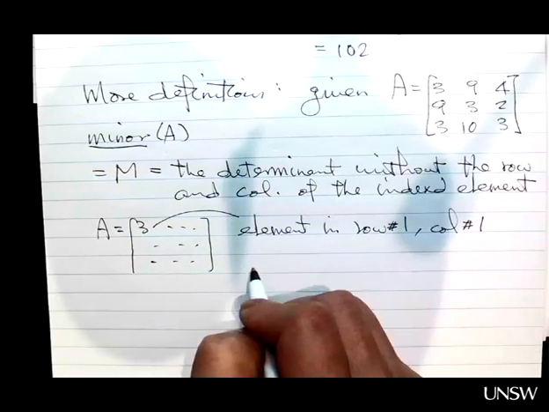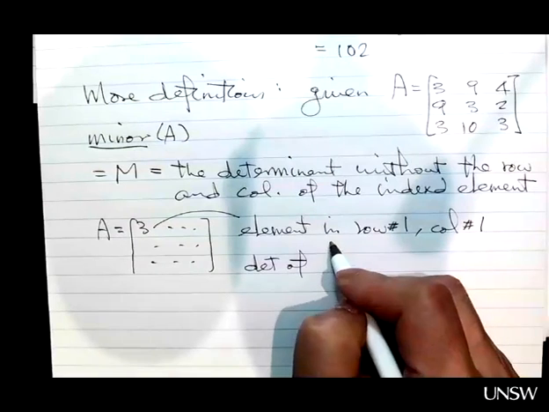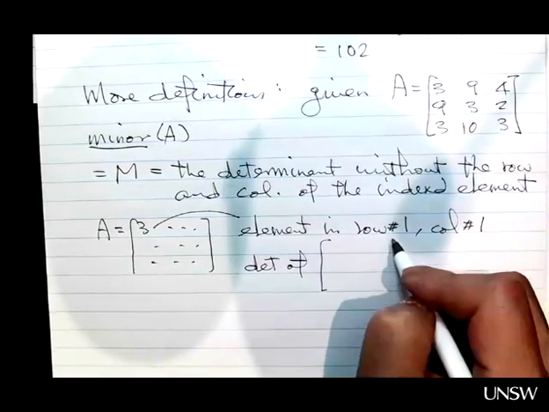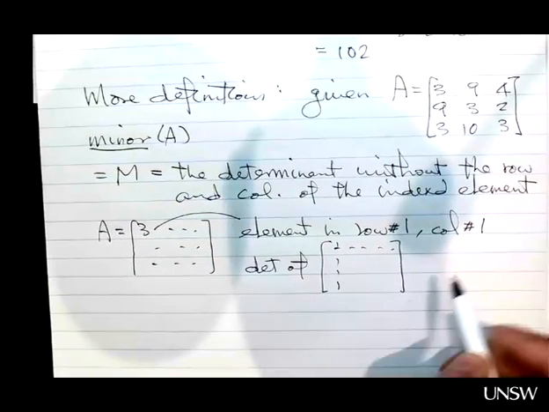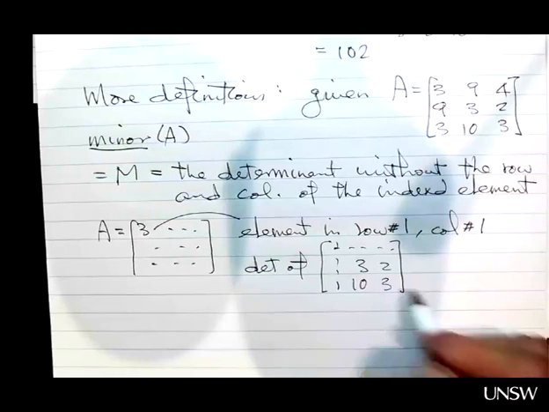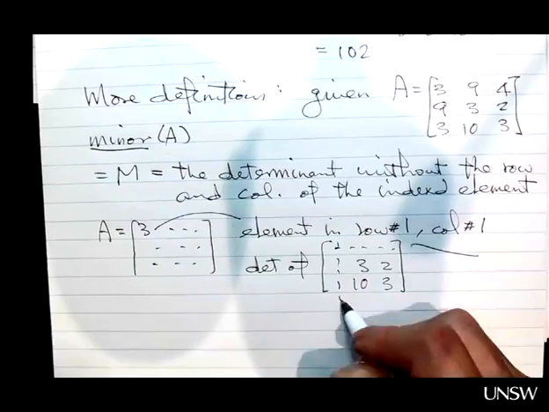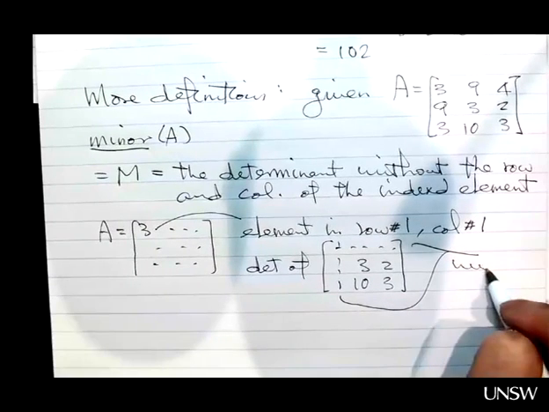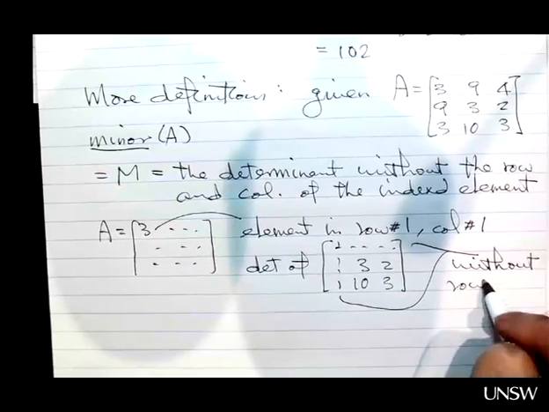So the determinant of 3, 2, 10, and 3. Here and here it is without the row and column.